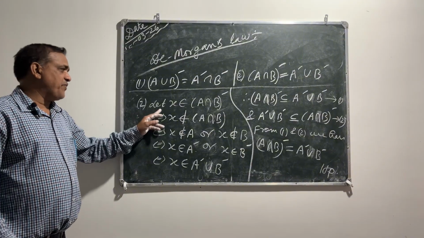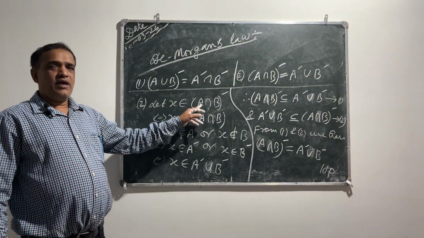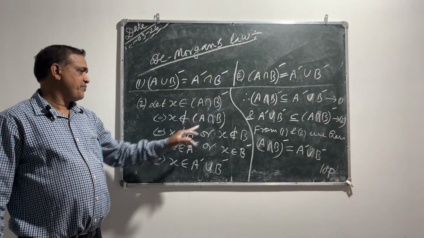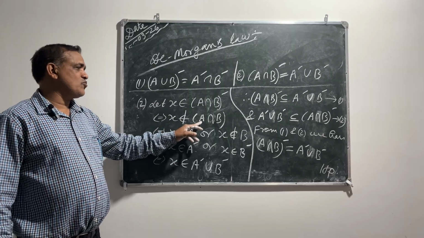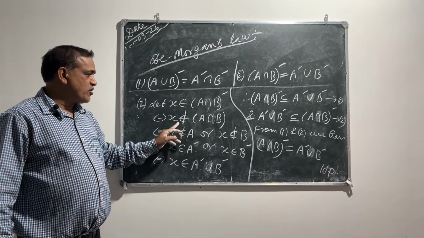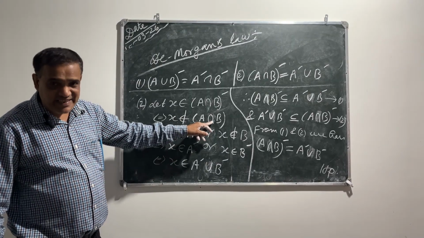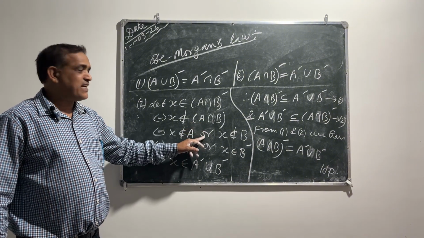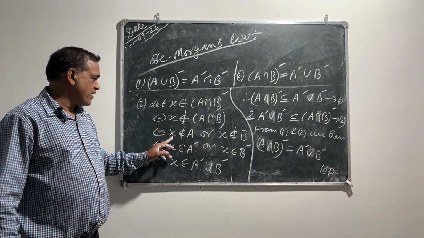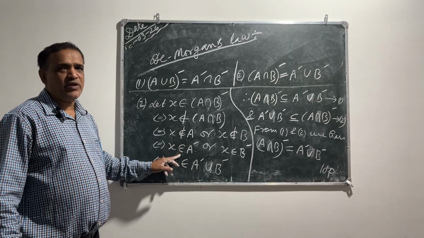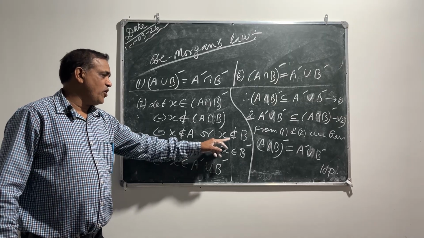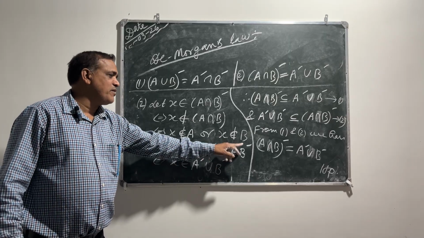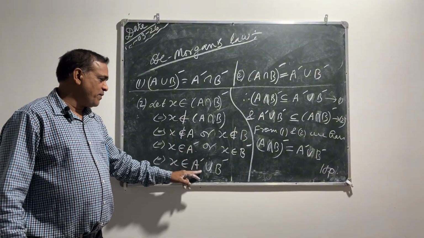If X belongs to (A intersection B) whole complement, then X does not belong to A intersection B. In case of does not belong, intersection can be replaced by or. So X does not belong in A means X belongs in A dash. X does not belong in B means X belongs in B dash. So or can be replaced by union.